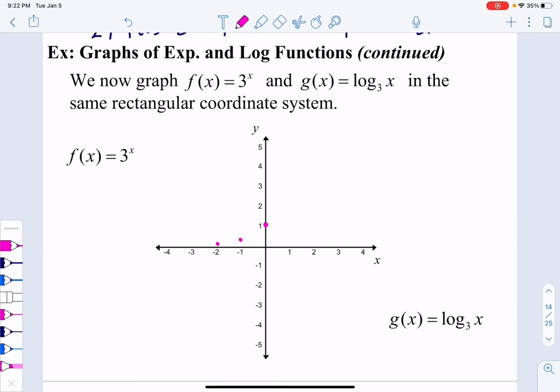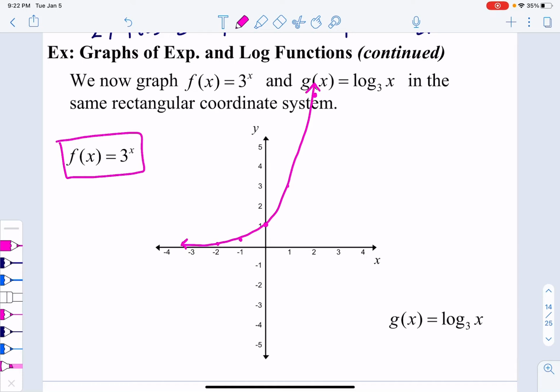When we're at 1, we were at 3. And that extra point I threw in there, 2, would have taken us all the way off our graph, up there at 9. So that gives us that exponential function that we looked at back in section 3.1. I'm not going to hit that point very well, but that's okay. So that gives us f of x is equal to 3 to the x.